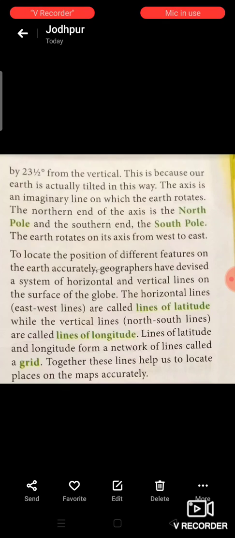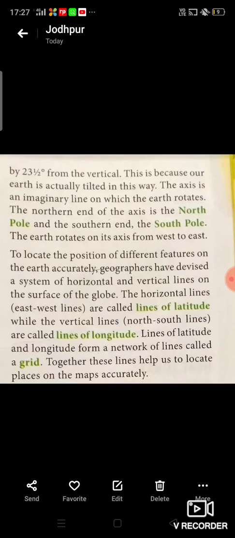Horizontal lines mean the lines which pass from east to west, and they are called lines of latitude, while the vertical lines are the lines which pass from north to south, and these are called lines of longitude. When lines of latitude and longitude are made on a globe, it forms a pattern like a grid, and together these lines help us to locate different places on the maps accurately.